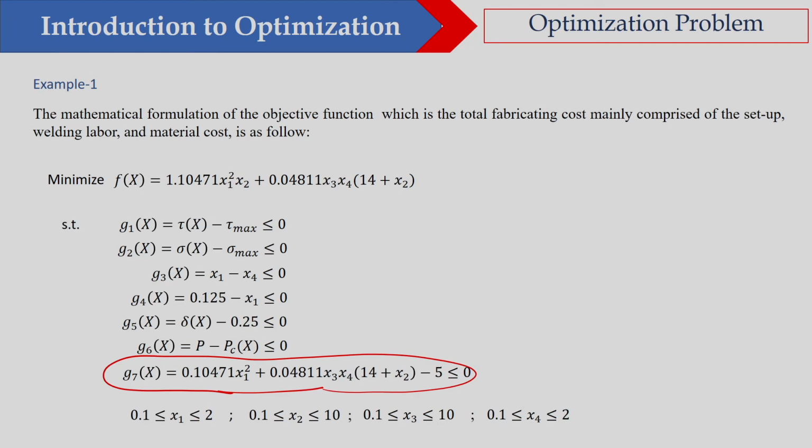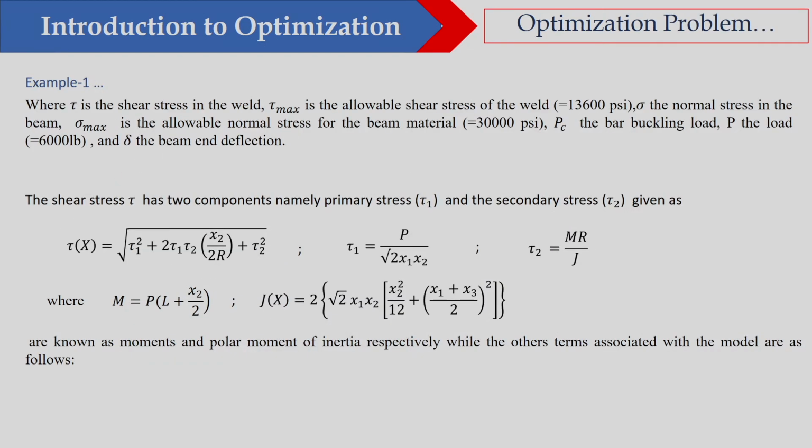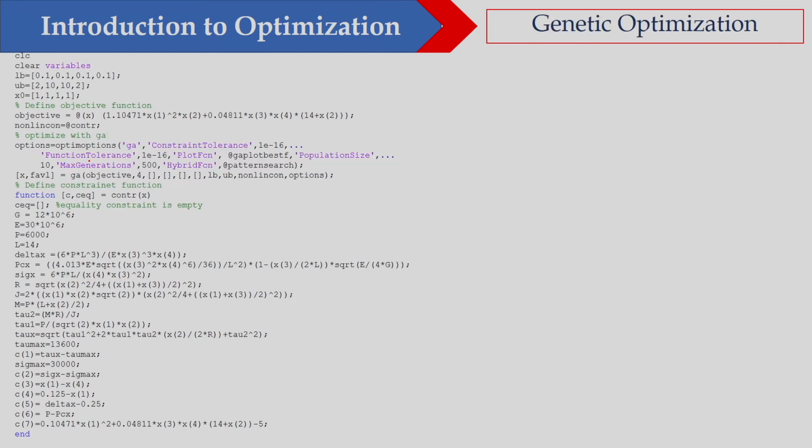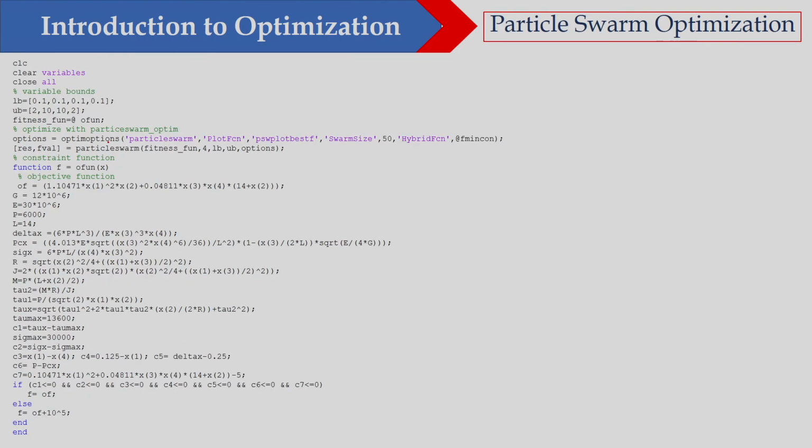Constraint 7 is defined here, and I can calculate the value of constraint 7. So, this is the code using the classical method. I have used fmincon here, the second one is ZA, and the third one is particle swarm optimization.